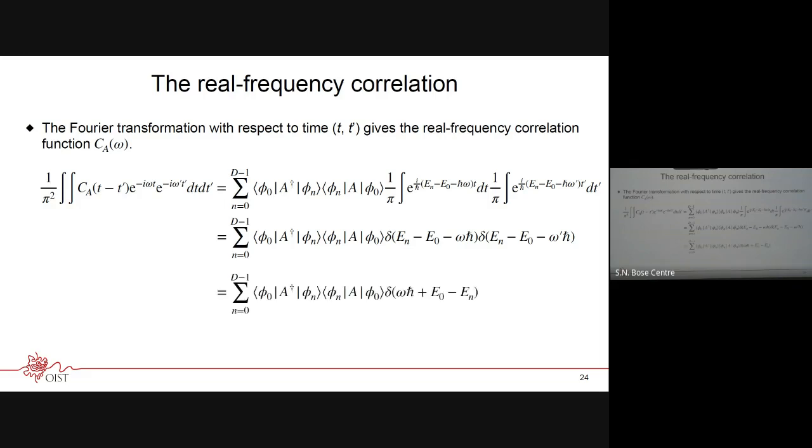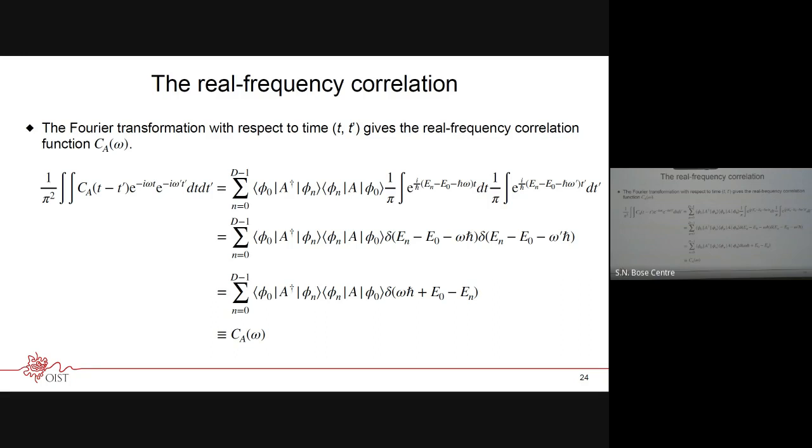And we can organize this equation by using only one delta function, because these delta functions can survive only in the case that omega prime h bar equals omega h bar equals En minus E0. Then we can get this equation here. So this is C omega, the definition of the real frequency correlation.